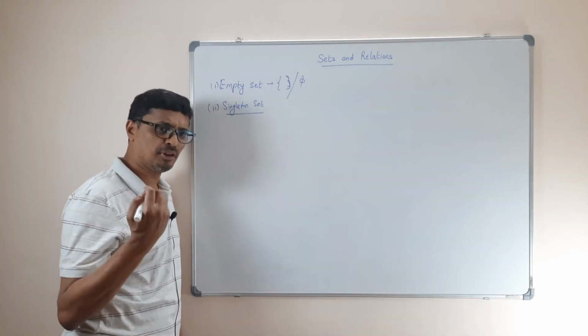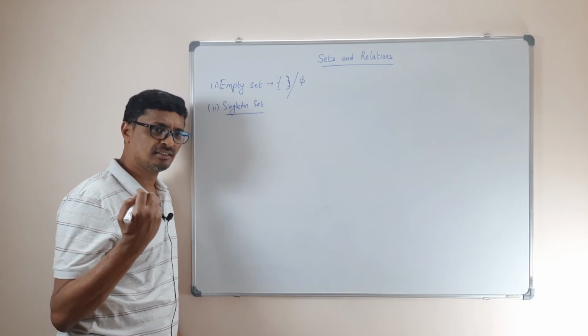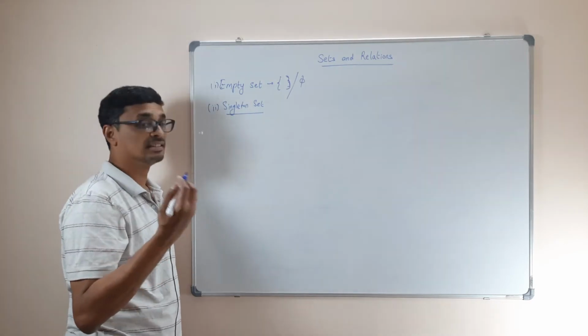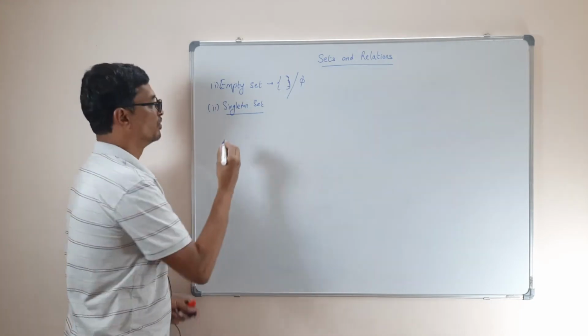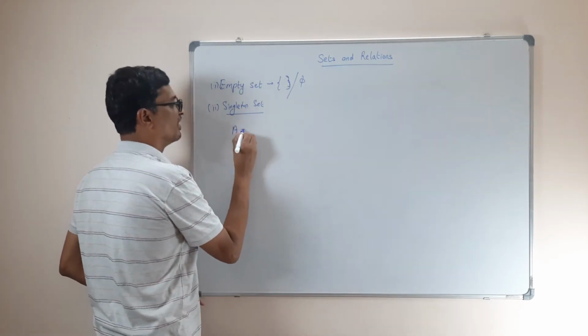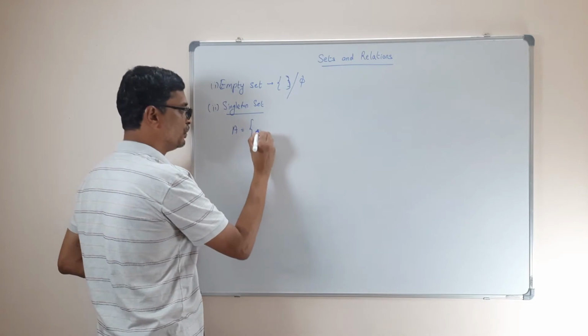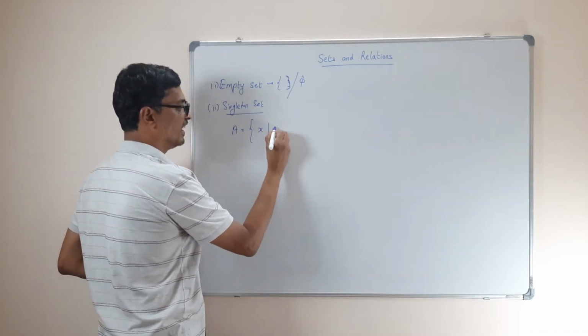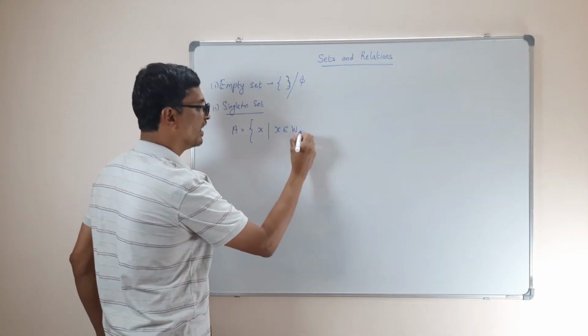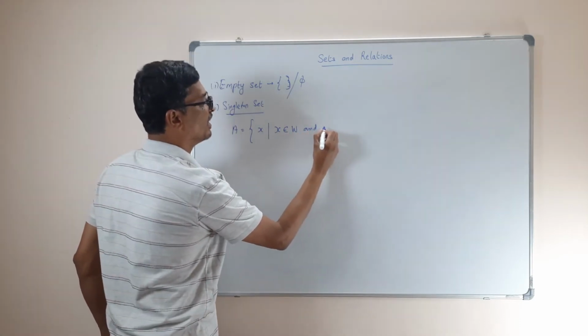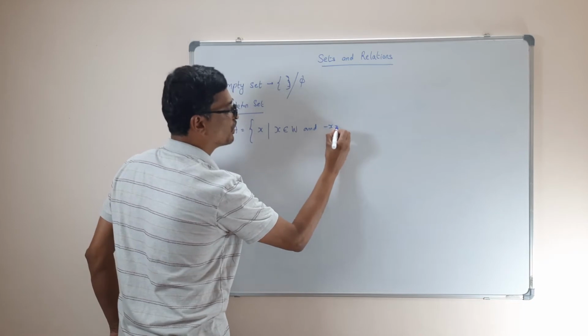Okay, can you tell me an example of a singleton set? You can put x is equal to negative x in whole numbers. Correct. A is equal to the set of x such that x is an element of whole numbers and x minus x is equal to x.